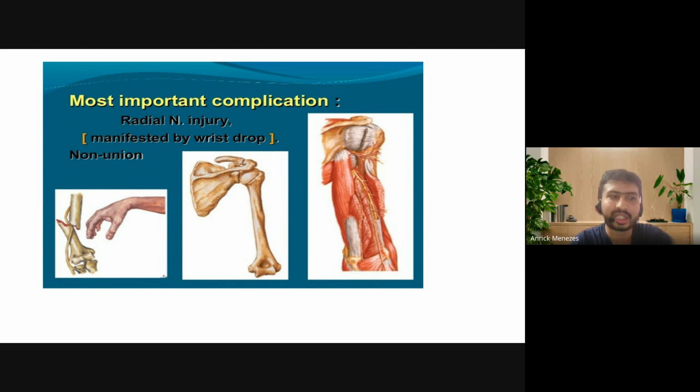I'm not asking what are the types of ossification. I'm asking the ossification centers. One answer I got. Yeah, olecranon is right. Already capitulum, olecranon. Trochlear. Yes. Radial head. Yes.